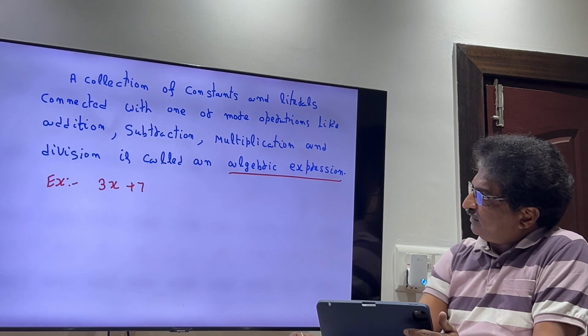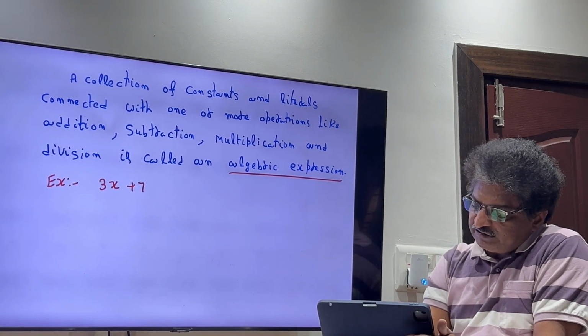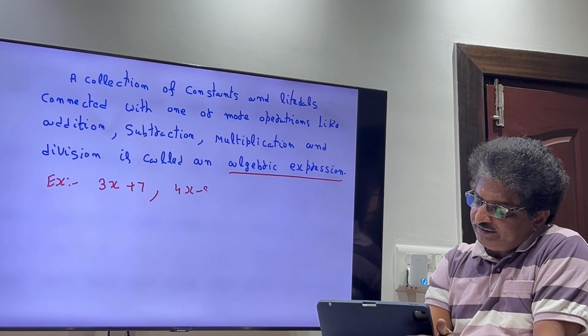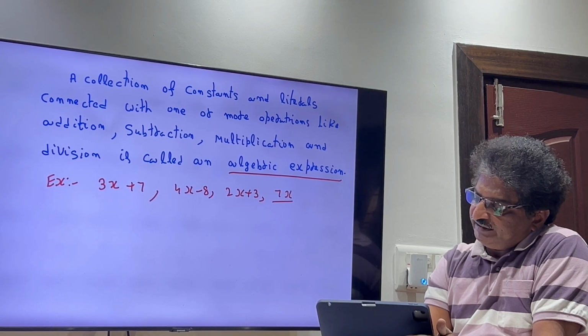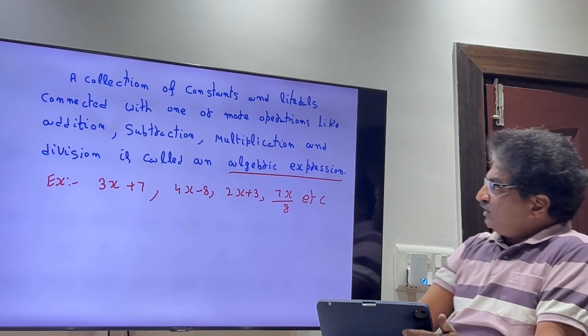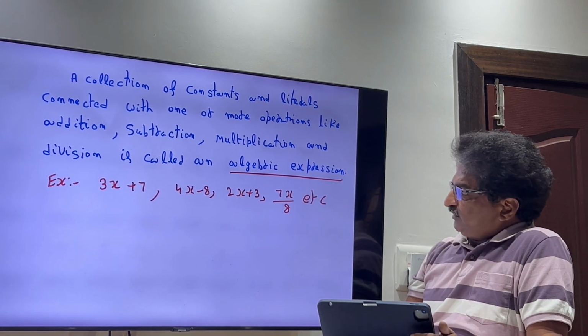So 3x plus 7 is one of the algebraic expressions. Similarly, 4x minus 8, 2x plus 3, 7x by 8, and so on. All these come under algebraic expressions.